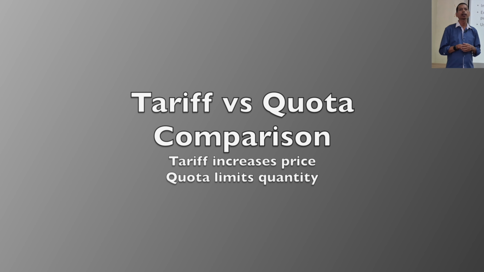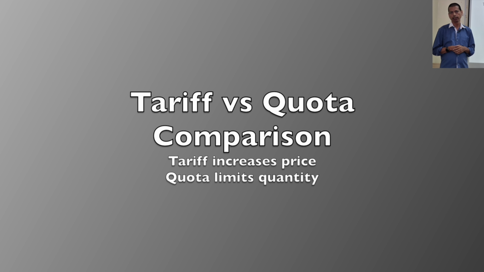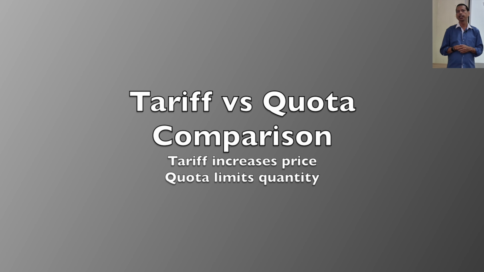Now let's compare quotas and tariffs. A tariff raises the price of imported goods, but it does not limit how many units can enter the country. If consumers are willing to pay the tariff, imports can continue indefinitely. A quota works differently. It imposes an absolute limit on the quantity imported.